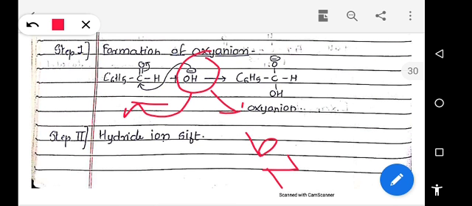If in the reactant part there is an alpha hydrogen atom, at that time it acts as the base. We know that because a base always likes a proton.